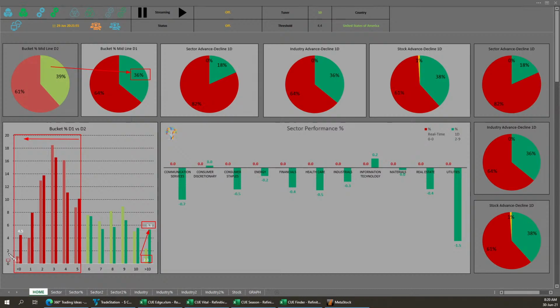And at the same time, the percentage of stocks in the lowest extreme bucket also went up from 1.1 to 4.5, so 3.4%. Both the extreme low and extreme high buckets increased in percentage. When that happens at the market top, that is an alert signal.